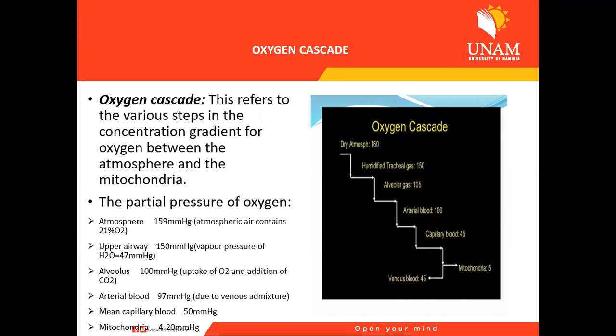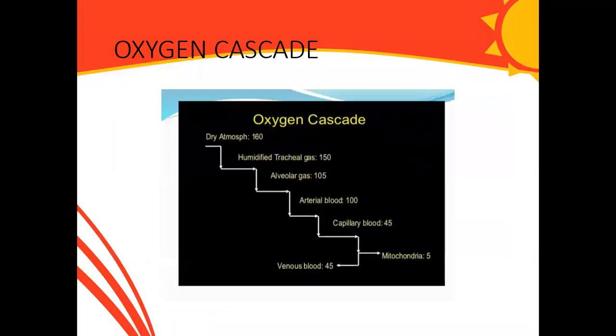And it keeps reducing to 150 in the trachea. Alveolar gas is reduced further to 105, and the mitochondrial level is between 4 to 20 millimeters of mercury. So these different oxygen concentration gradients help to facilitate the diffusion or transport of oxygen from the atmosphere to the cellular level. All right, this is it.